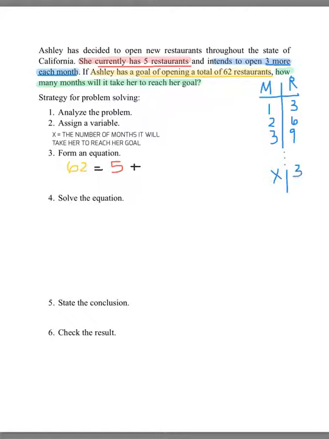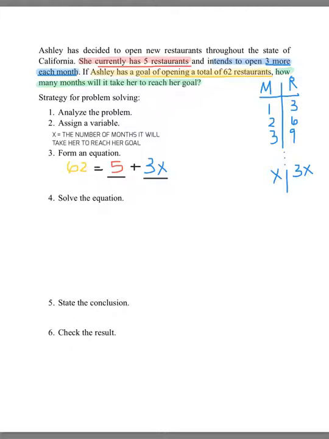So she will have 3x restaurants. So that's going to be what we're going to add to that. So we're going to add 3x. And that's going to give us a total number of restaurants, which is, again, the number of restaurants she has now, which is 5, and the number of restaurants she's going to open up in the future, which is 3x, depending on the number of months that go by.